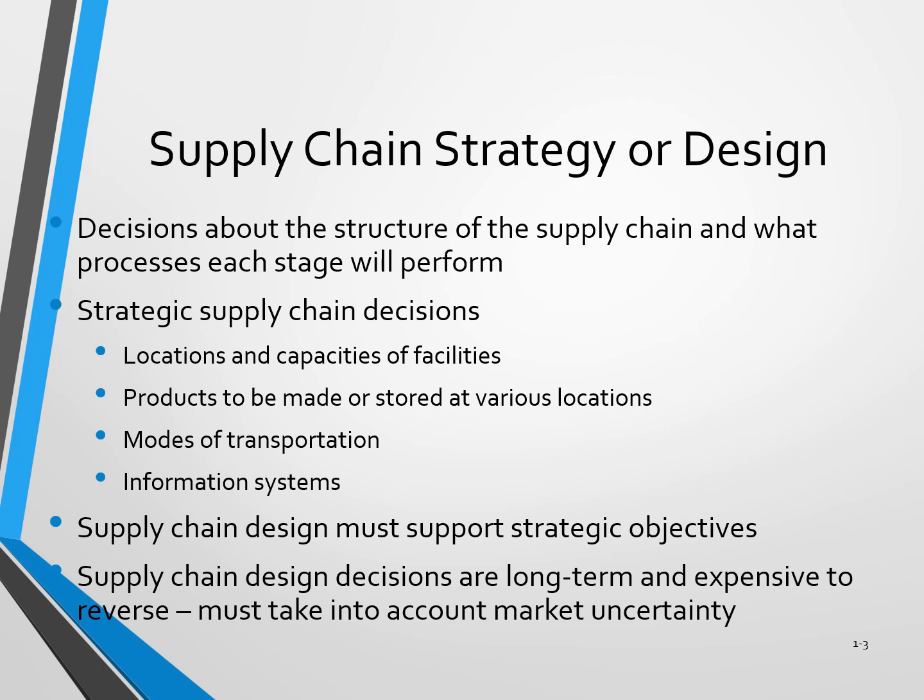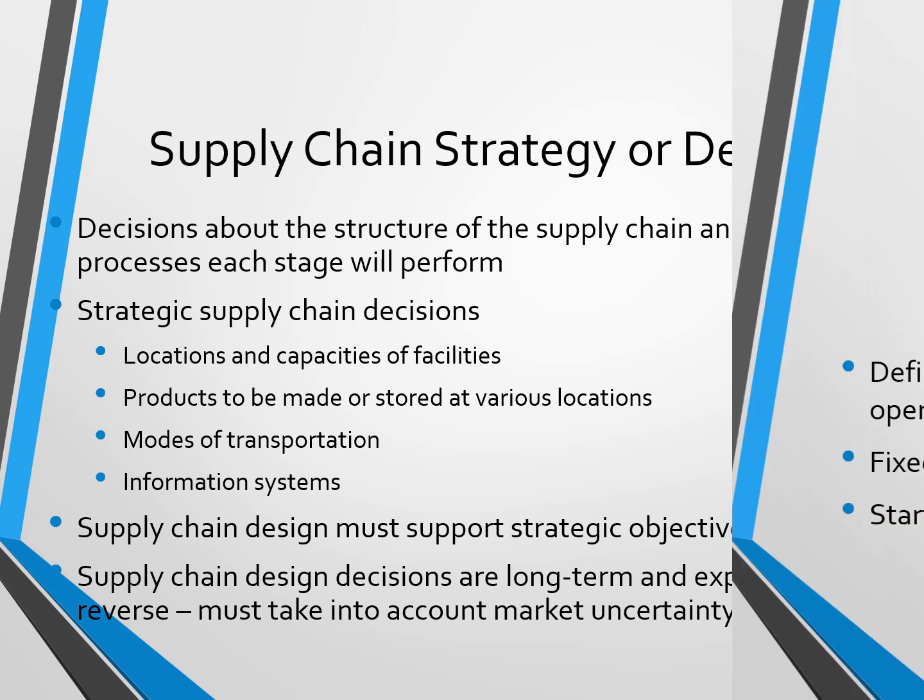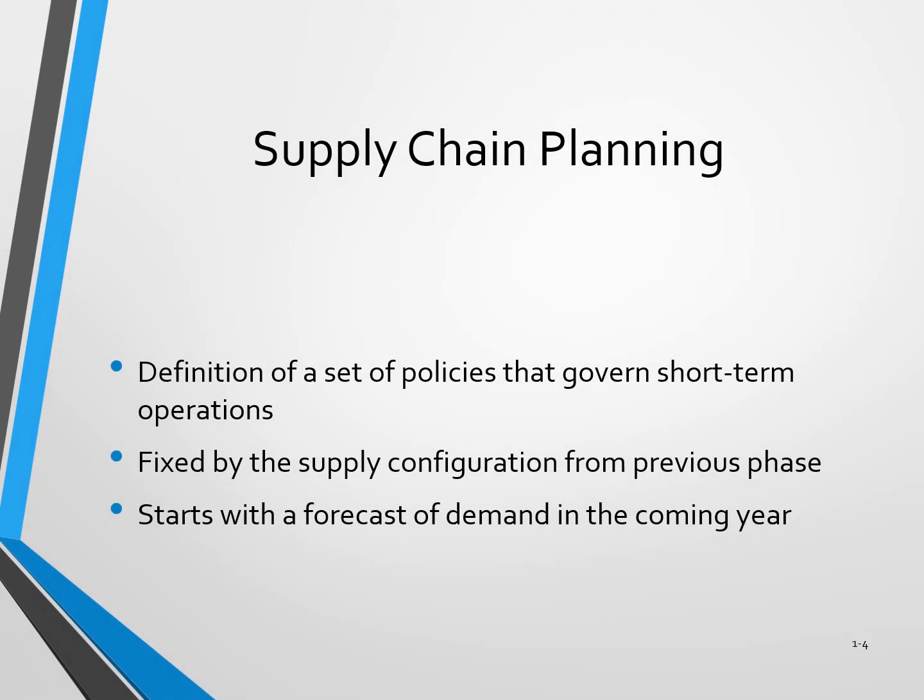We must take into account market uncertainty. Just like when we start an organization, we will have a mission, right? So the vision statement, once it is established, we should not alter frequently. But to achieve this vision, we will have several objectives that we can alter a little at a later stage. Okay. Then supply chain planning.